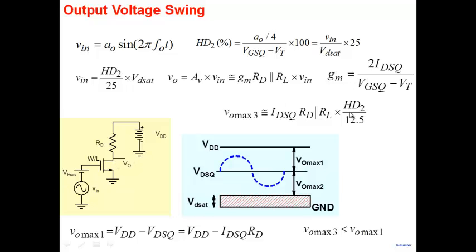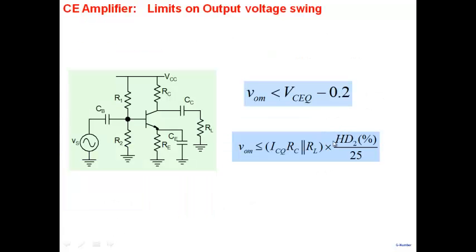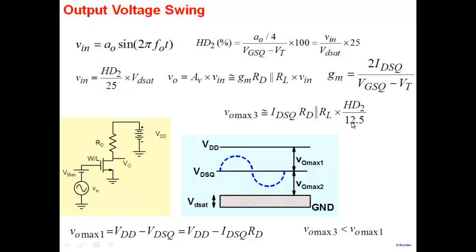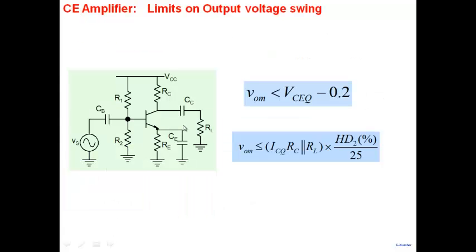So note that distortion is much larger here and it limits the swing more. This term is getting divided by 25, while here it is getting divided by 12.5. The differences come primarily from the quadratic dependence of drain current on gate-to-source voltage, as compared to the exponential dependence of collector current on base-emitter voltage. So it's the same expression. Instead of 25, you have 12.5. You have half there.